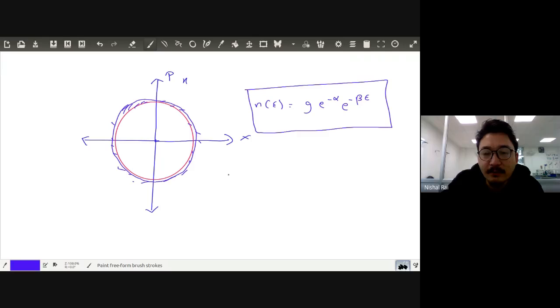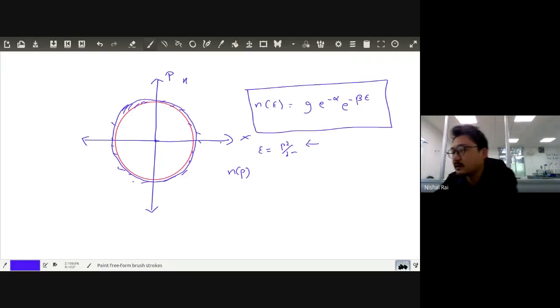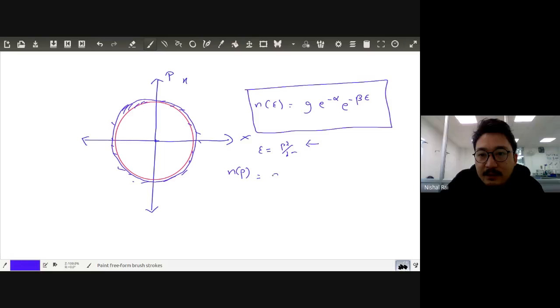Now for dp, in terms of p, E can be written as p squared divided by 2m. For a free particle, I think we have done this, and this is just the kinetic part. Now you can write this as a function of p: g as a function of p, e to the power negative alpha, e to the power negative beta p squared divided by 2m.